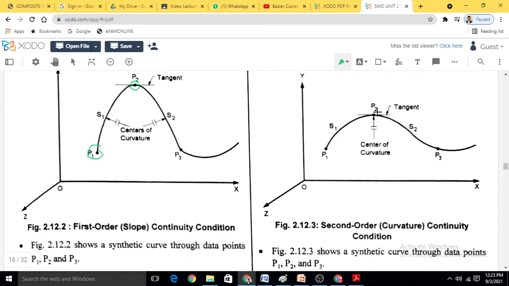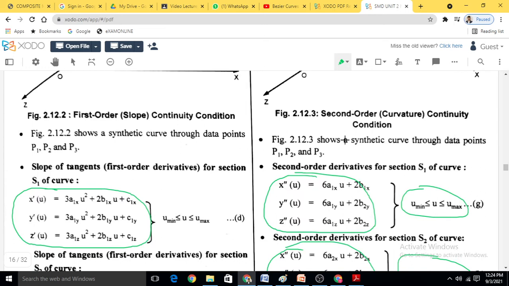But at point P2, the second order derivative of section 1 at u equal to u maximum is equal to the second order derivative of section 2 at u equal to u minimum, and this is called the second order continuity or curvature continuity.